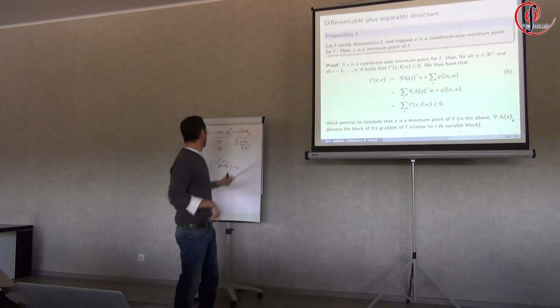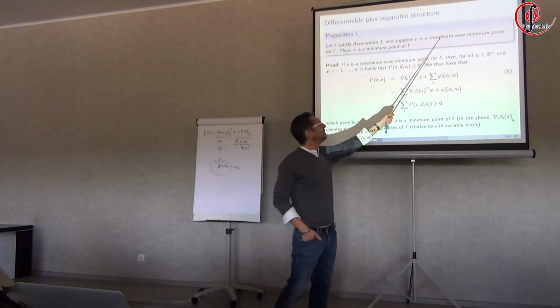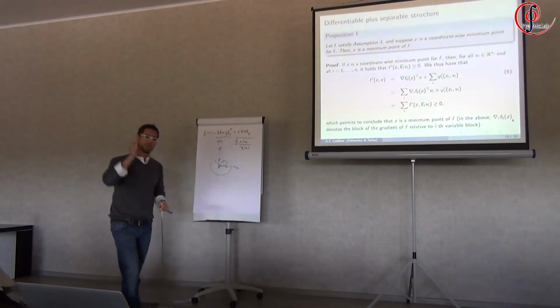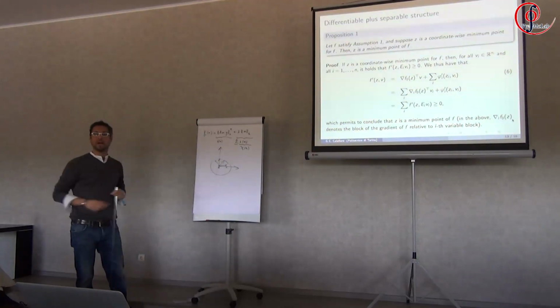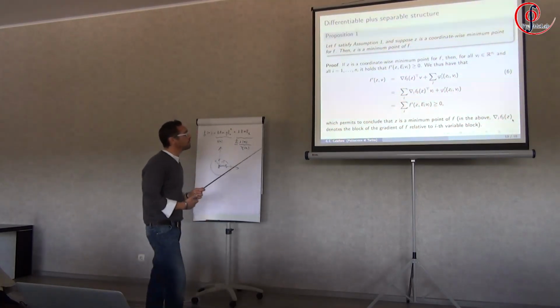So if our function has that property, then any coordinate-wise minimum point is also a minimum point. So we have equivalence in the two directions. Let me briefly explain why.